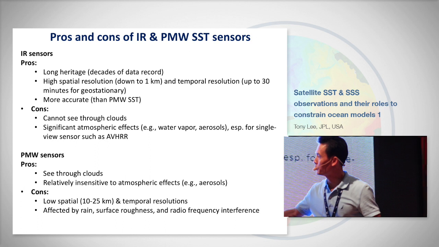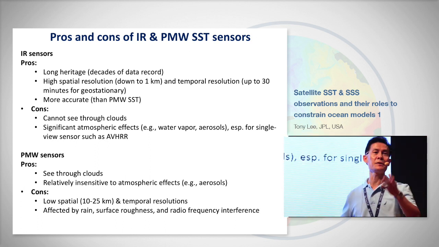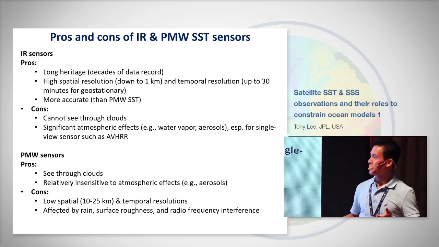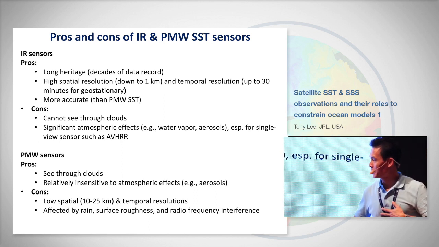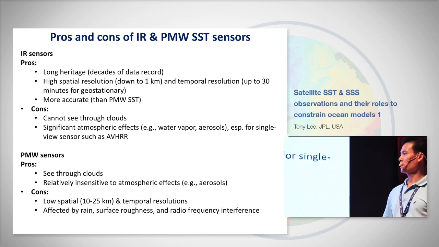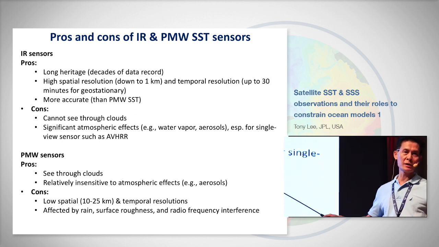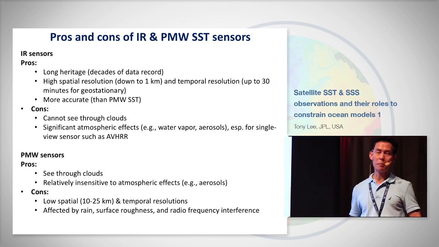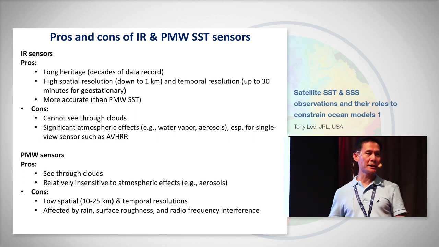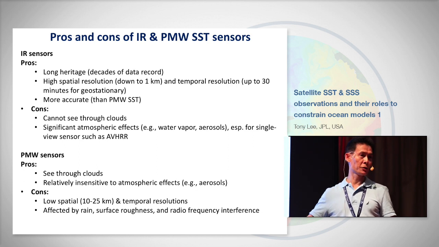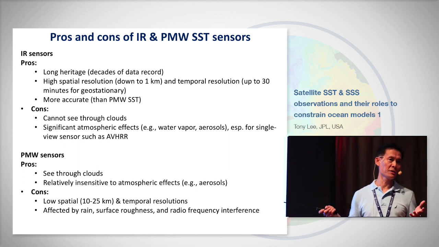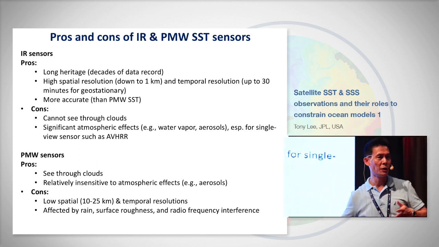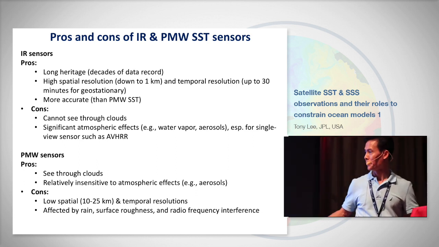Those are particularly true for single view sensors like AVHRR, but better for the spinning AVHRR class of sensors. Now for microwave sensors, the advantage is that it sees through cloud. That's why we need the continuity of the microwave sensors. And it's relatively insensitive to atmospheric effects because of the much longer wavelength and lower frequency. So aerosol is not really a problem for microwave. But the disadvantage is that it has low resolution. Typically it has 25 kilometer resolution for the 6.9 gigahertz channel, and for the 10 gigahertz channel, about 10 kilometer resolution.